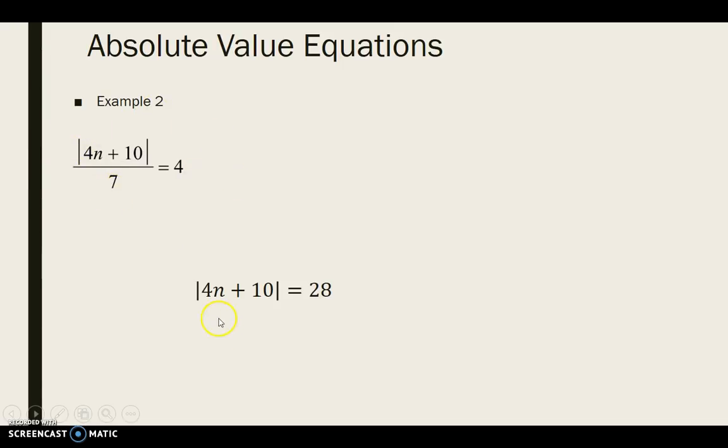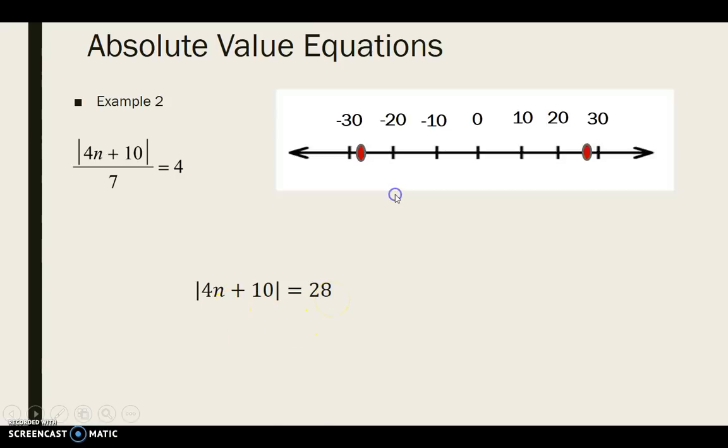By doing that, I will see that the absolute value of 4n plus 10 is 28. In other words, 4n plus 10 is both at positive 28 and negative 28, because we're looking at a distance from 0.